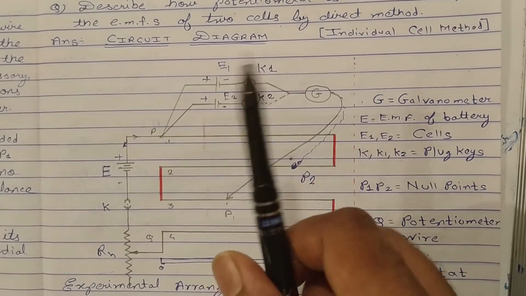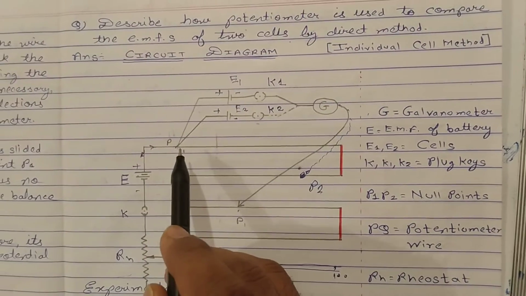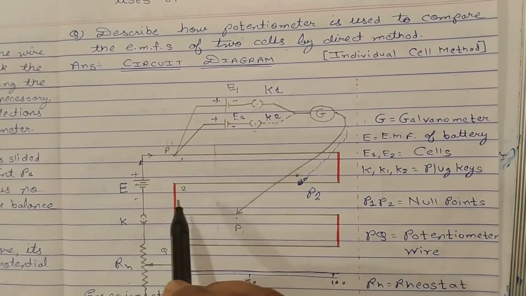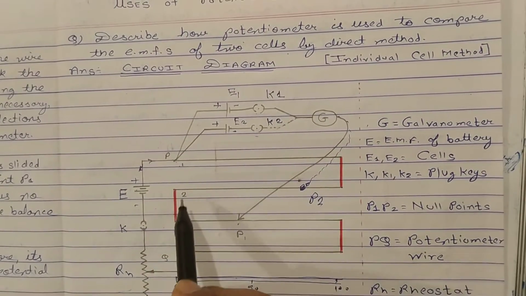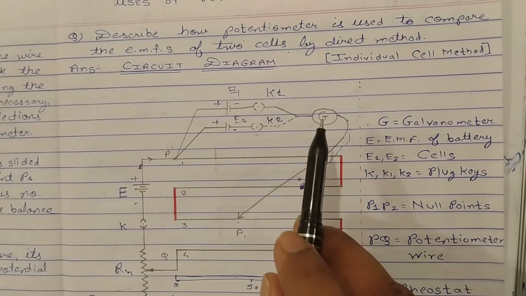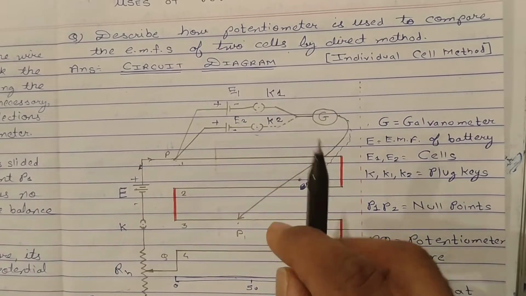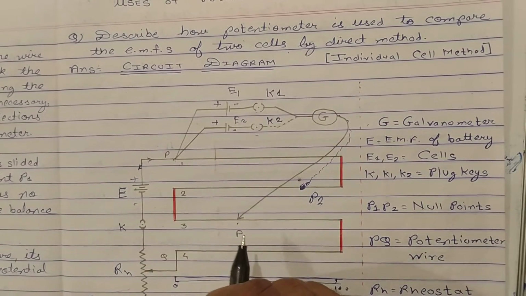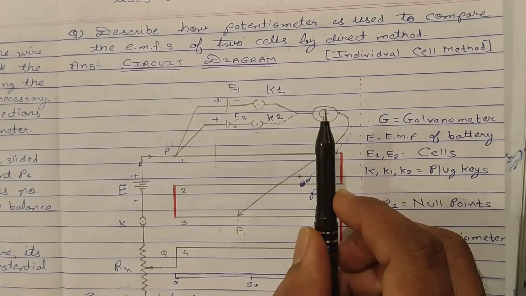Once you get extreme left and right deflection, then start sliding jockey on the wire PQ. You slide the jockey on the wire PQ till you get the point P1 in such a way that galvanometer will show zero deflection. Students, when I get point P1, then galvanometer will show zero deflection.